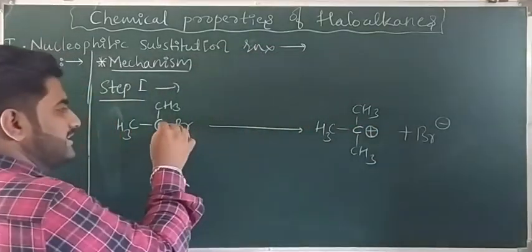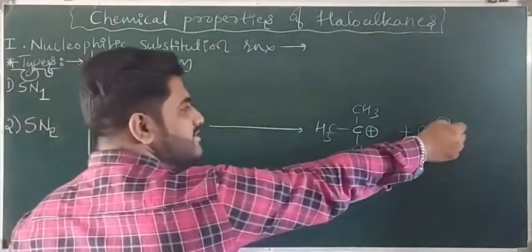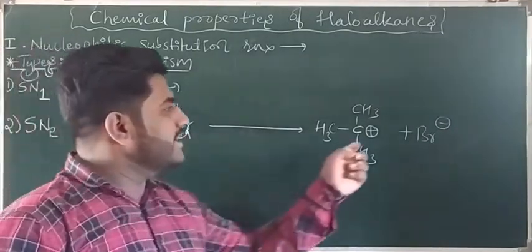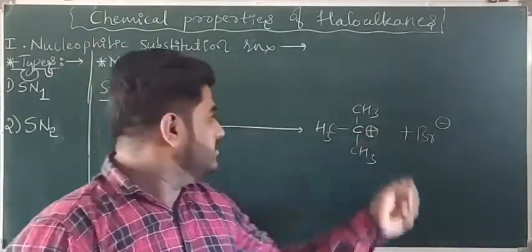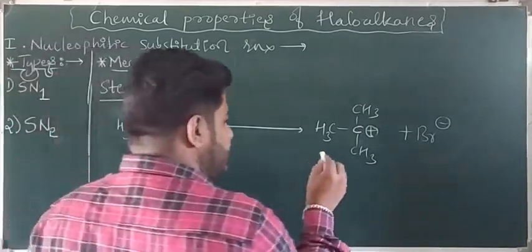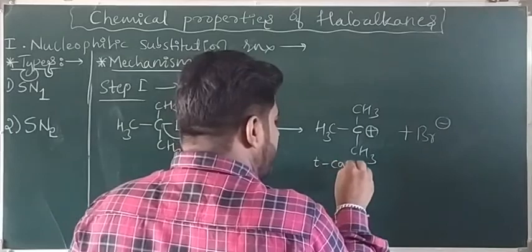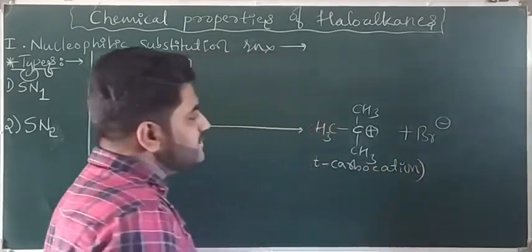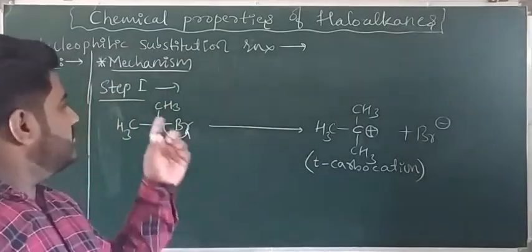As the electrons are taken by bromine, there is a negative charge on the bromine. The electrons are given by carbon, therefore the carbon appears positively charged. The name of this is tertiary carbocation. A tertiary carbocation is formed. So this is the first step.